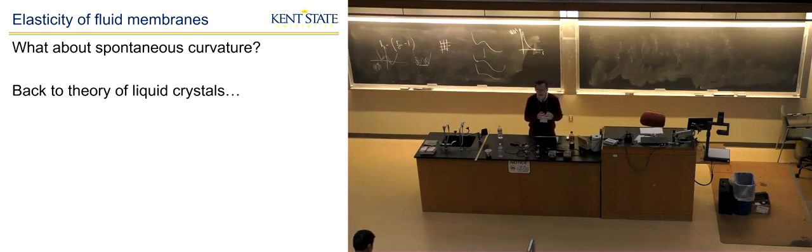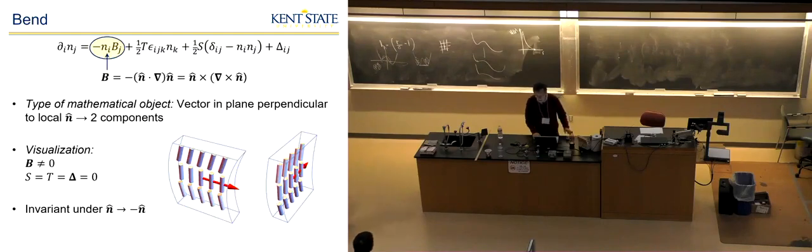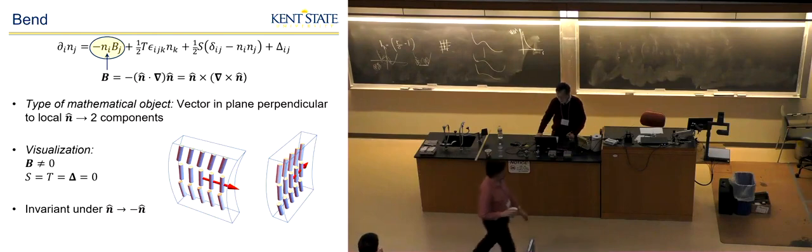There are phases of liquid crystals where the director is not just uniform, but rather it tends to vary in some way. So I want to propose a kind of general ideology for how to think about all such variations.